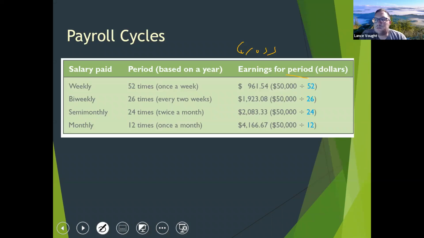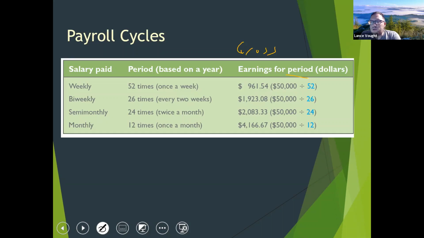Every 2 weeks, it's $1,923. That's the cool thing about biweekly: there are 2 months out of the year where you get 3 paychecks.